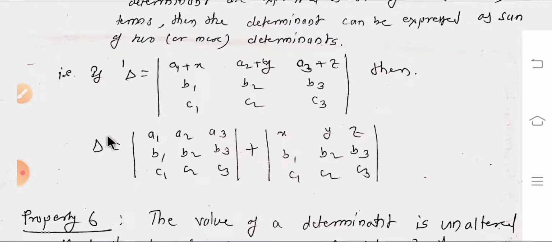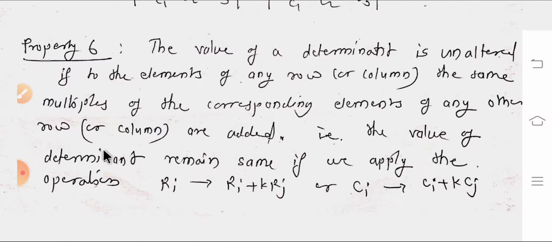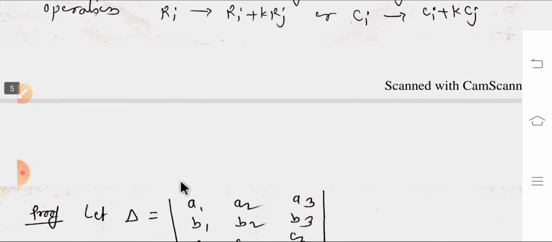Remember this property. Property 6: the value of a determinant is unaltered if to the elements of any row or column, the same multiples of the corresponding elements of any other row or column are added. That is, the value of the determinant remains the same if we apply the operation Ri changing to Ri plus k Rj, or Ci changing to Ci plus k Cj.